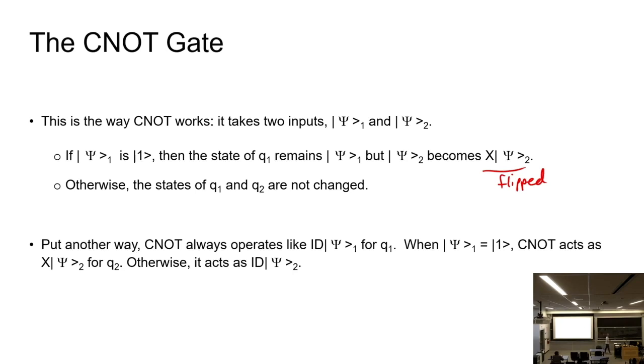Otherwise, it acts as an identity gate. So that's why we call CNOT a conditional bit flip. It only flips the second qubit state if the condition is met, if the state of the first qubit is 1.